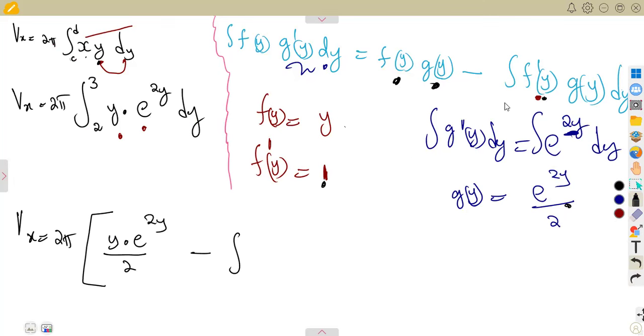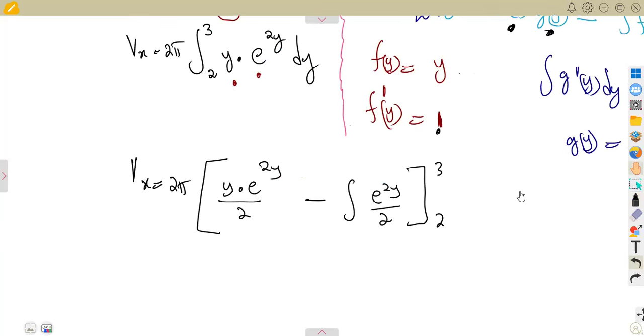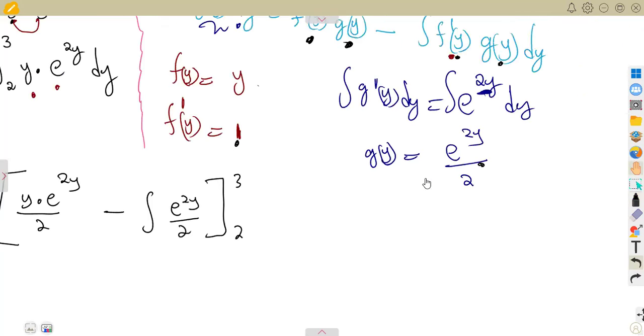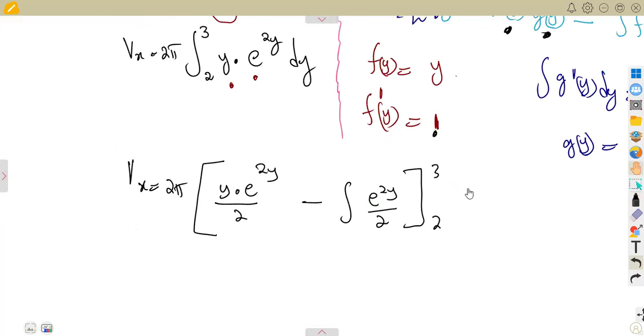Our g of y, we got this, which is e to the exponent of 2y over 2. So that is what you're going to have in that case, with the limits from 3 to 2. So meaning to say, this is not yet simplified because we have to integrate this. Remember, by parts, guys, after subtraction, this one is supposed to be integrated.